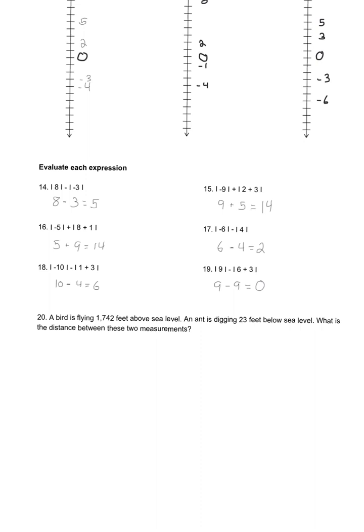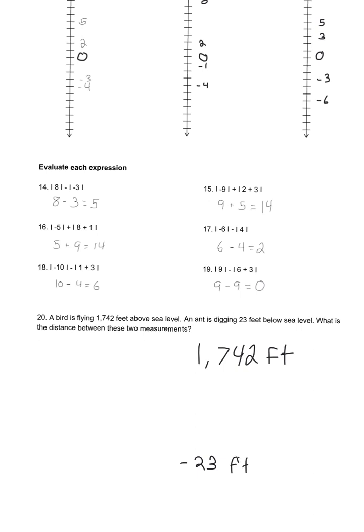It says a bird is flying 1,742 feet above sea level. So we have our bird up here at 1,742 feet above sea level. And an ant is down here at 23 feet below sea level, so negative 23.